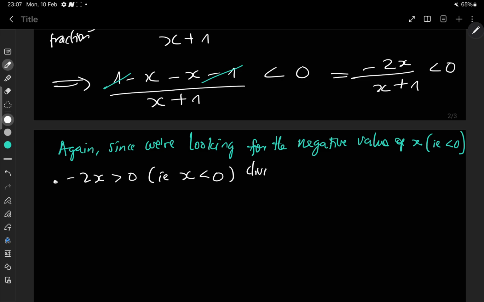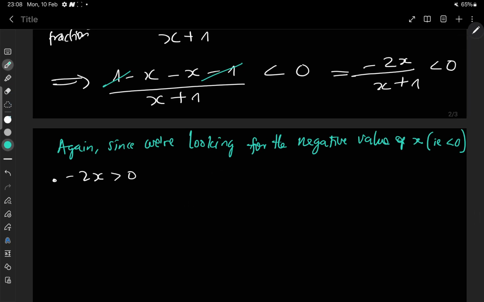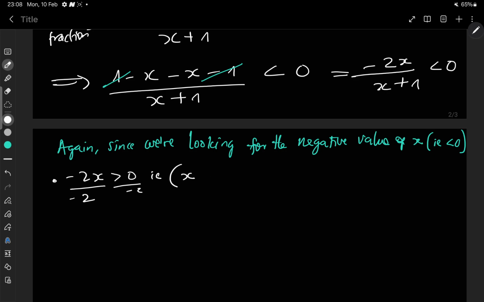When we divide both sides by 2, dividing by 2 flips the inequality sign to be x greater than 0. Then that is for the numerator.